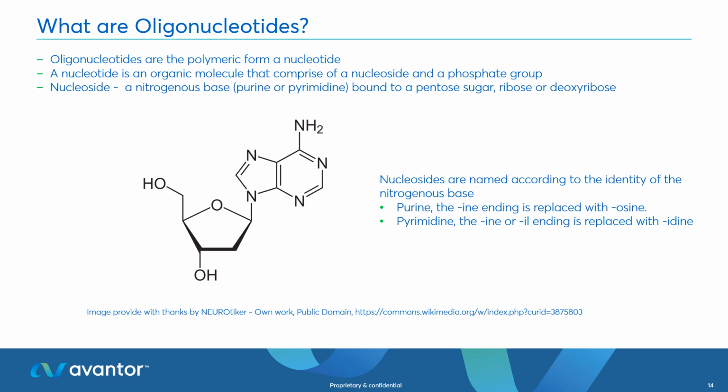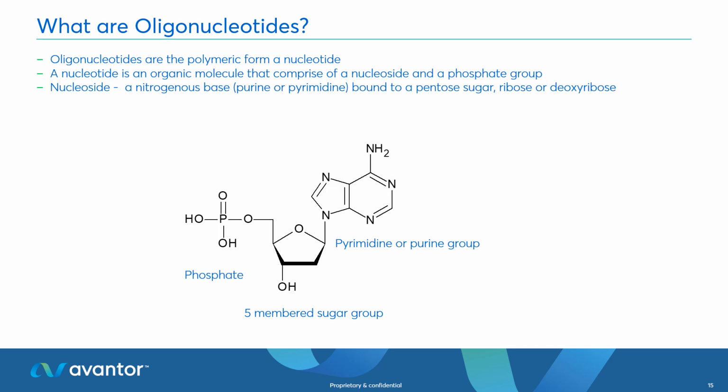And this then leads to the structure of a nucleotide. In this example, we have a nitrogenous base, which can either be a pyrimidine or a purine group, as described previously, attached to a 5-member sugar group. That will either be a ribose or deoxyribose. And then finally, to make up the nucleotide, we attach one or more phosphate groups.